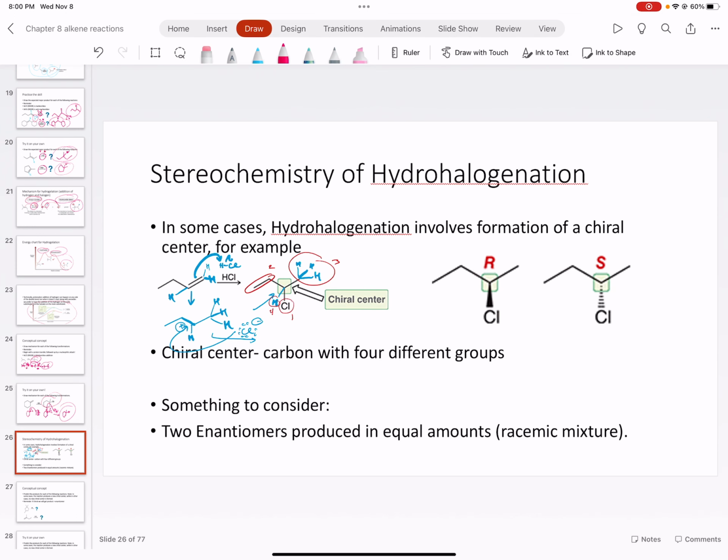So, stereochemistry of hydrohalogenation. In some cases, hydrohalogenation involves the formation of a chiral center.